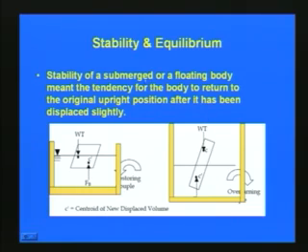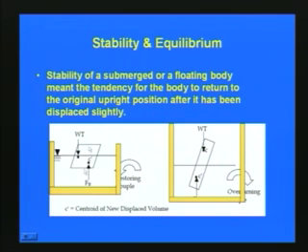A floating body or a submerged body can be in stable equilibrium, unstable equilibrium, or neutral equilibrium. The stability of a submerged or floating body means the tendency for the body to return to the original upright position after it has been displaced slightly.